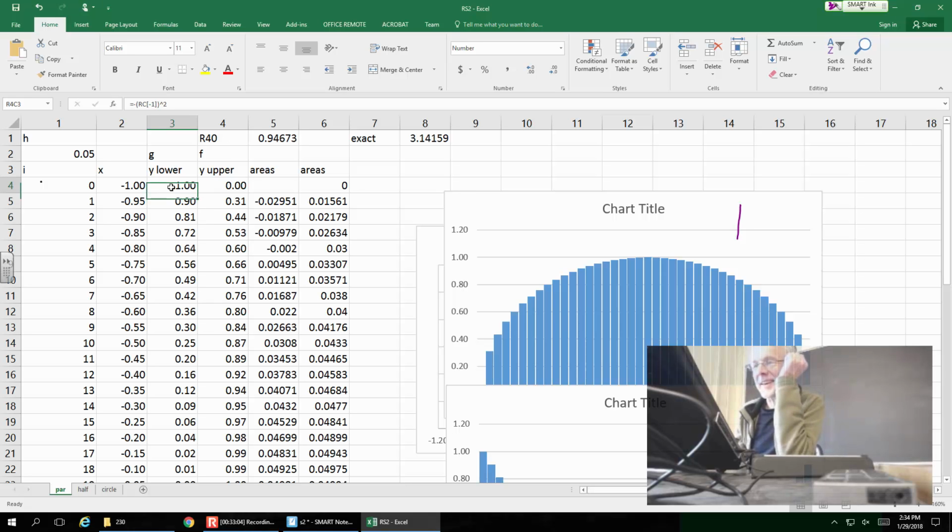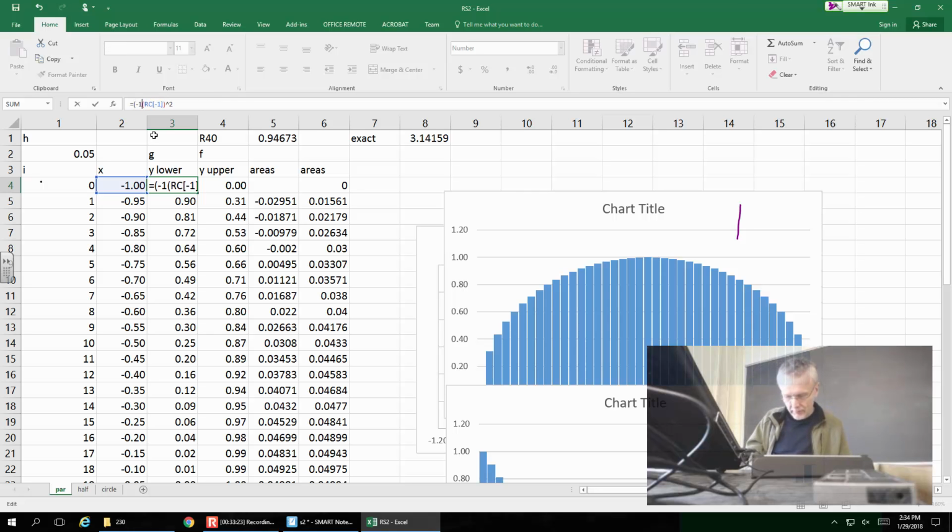Okay, let's try again. I know what to do. It is kind of a pain, but I'll have to multiply by negative 1, literally. Rather than put a negative sign in front of it, I'll have to multiply by negative 1. It is a pain, but that's what it's worth. You see the difference? Negative 1 multiplied by the square.